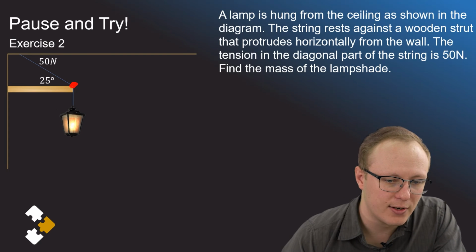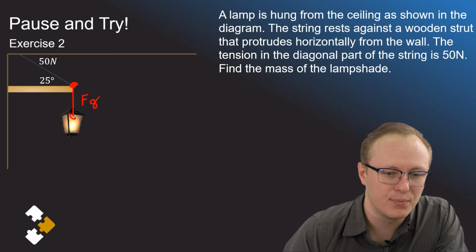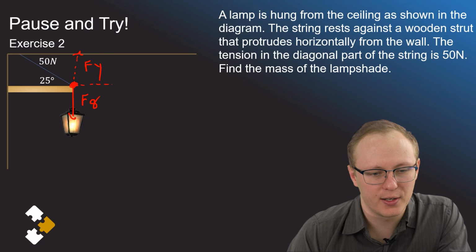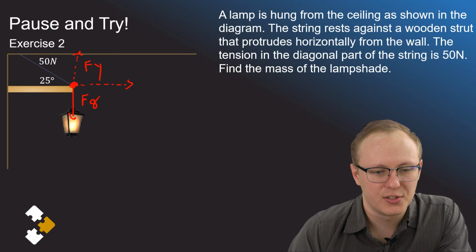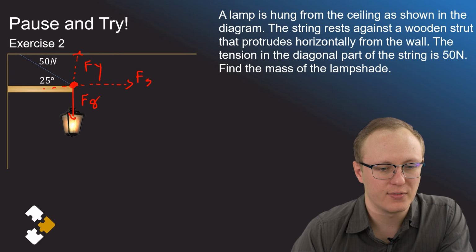Okay, so I know that this Fg going down has to then be the same as the Fy going up. Okay, and whatever force is being applied here by this strut going this way, I'm just going to call it Fs for force of strut. That's got to be equal to the Fx.